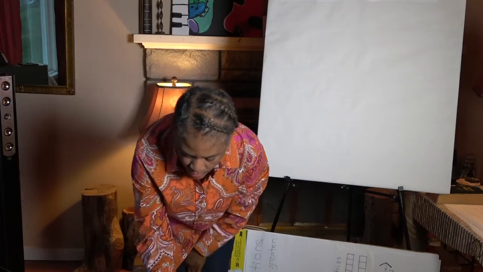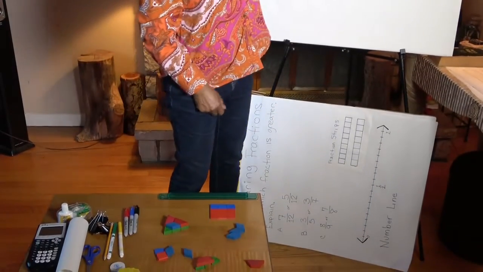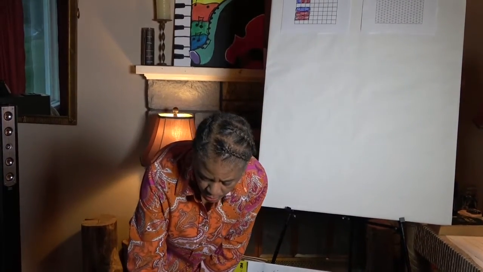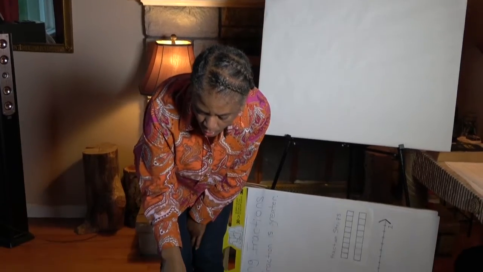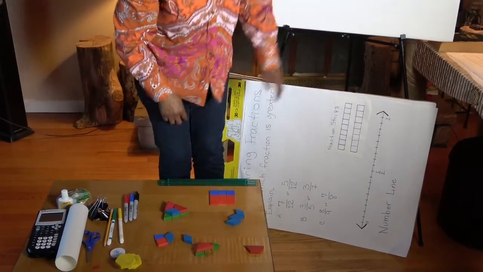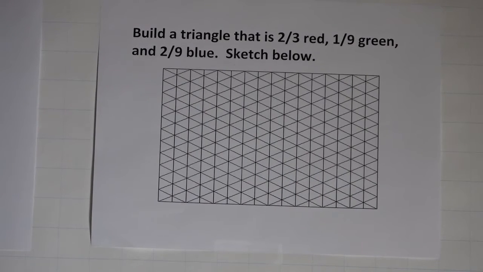So if I have 2 reds, I have 3/9 and 3/9, which is 6/9. But students would know that they could reduce that. And so I have 1 green, 1 blue, and 2 red. And so I have my triangle that ends up 2/3 red, 1/9 green, and 2/9 blue.